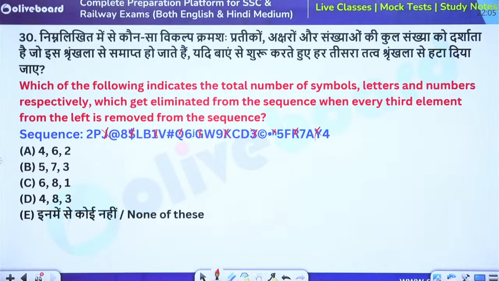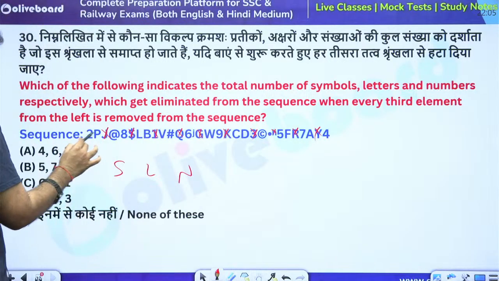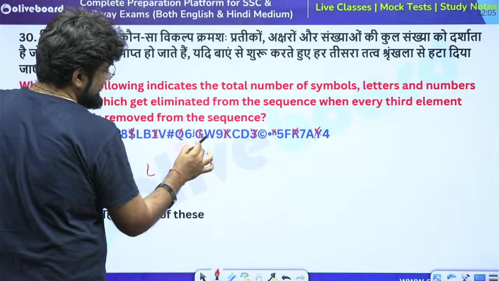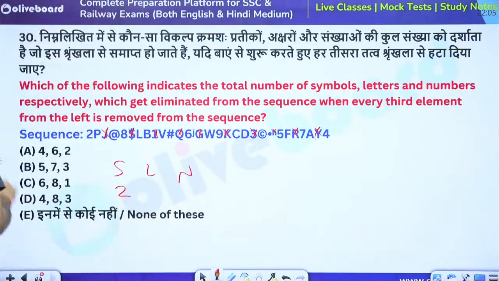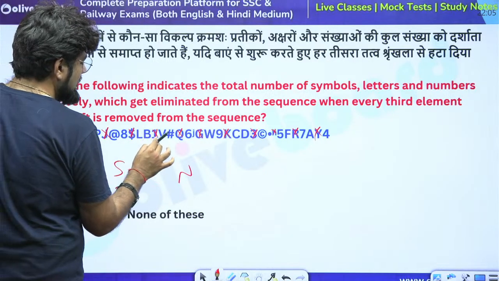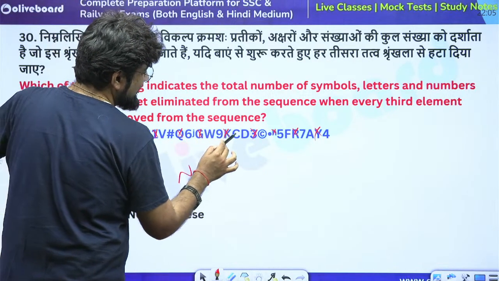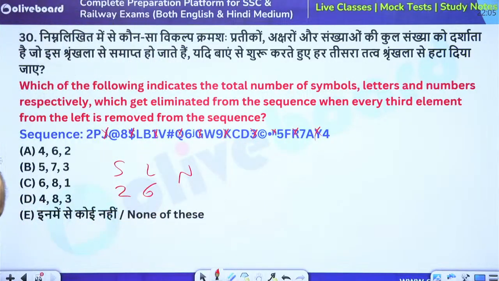Okay. Which of the following indicates total number of symbol, letter, number? Again, same thing. How many symbols are being deleted? 1, 2. Letters, how many letters? 1, 2, 3, 4, 5, 6. And how many numbers?